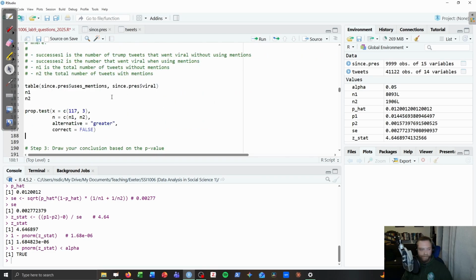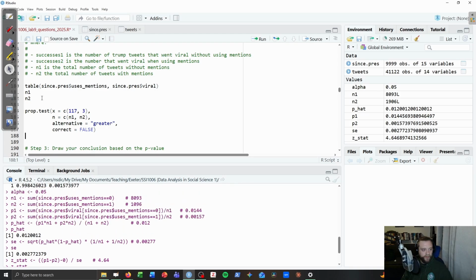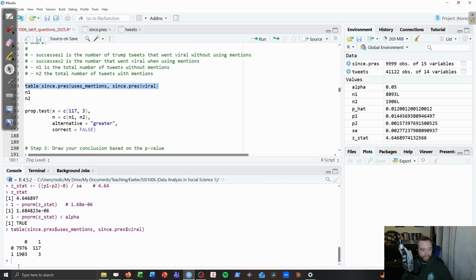So what are these in this case? Well, as we saw in our table, and we can run this table again here, those numbers are 117 and 3, and they're also n1 and n2. These are the numbers we've got over here. So we could use these objects here to run this test, but I'm actually just going to put in the raw numbers here.